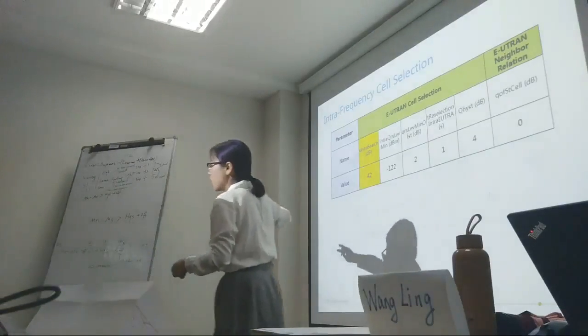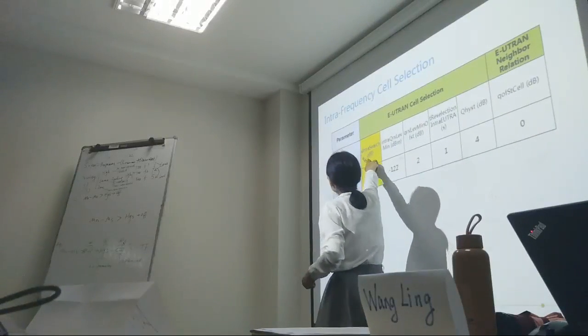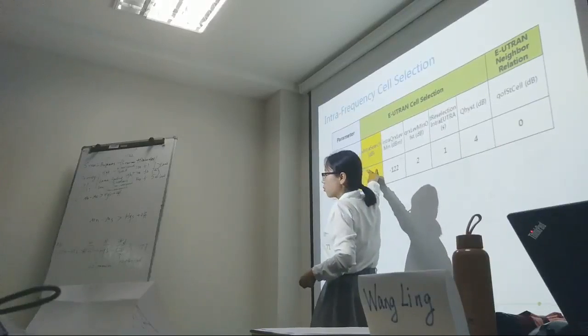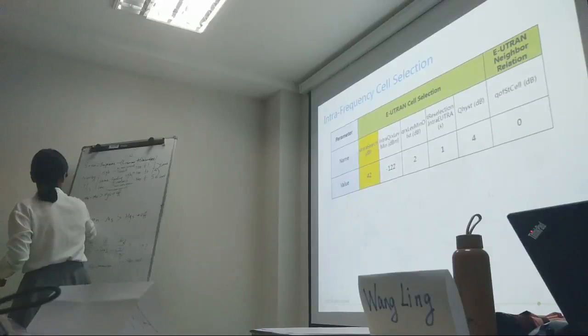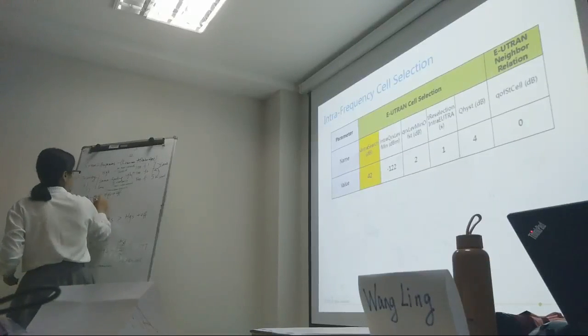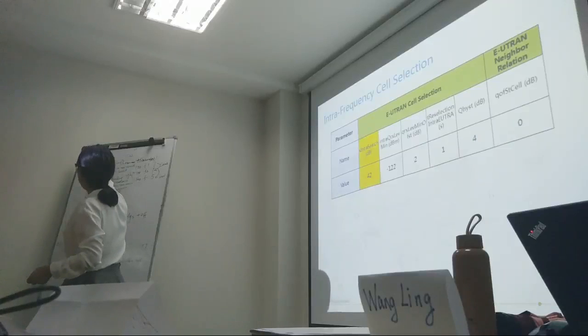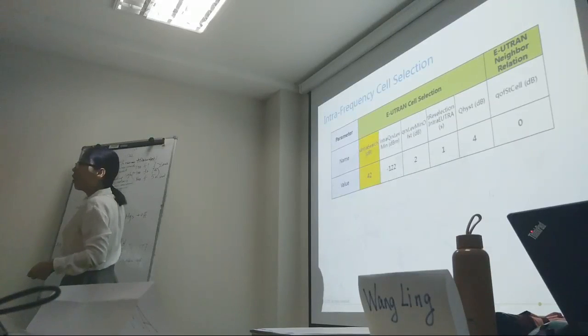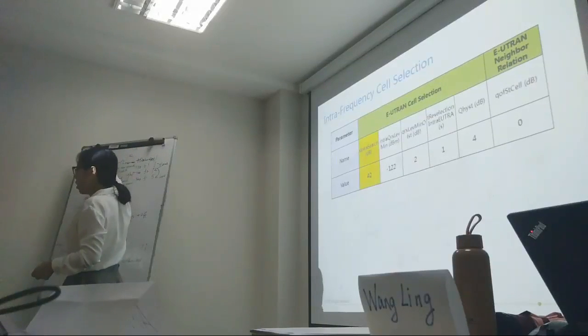So this is the measurement. We set S intra search equal to 42 dB. For example, we also use this value for the cell selection S.